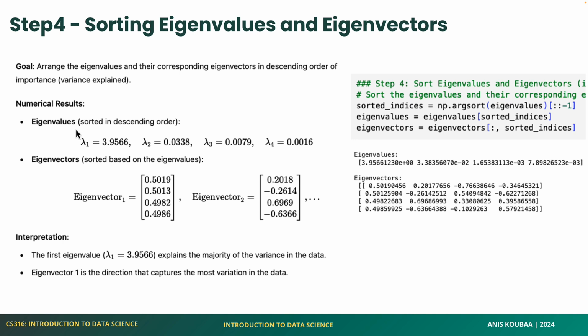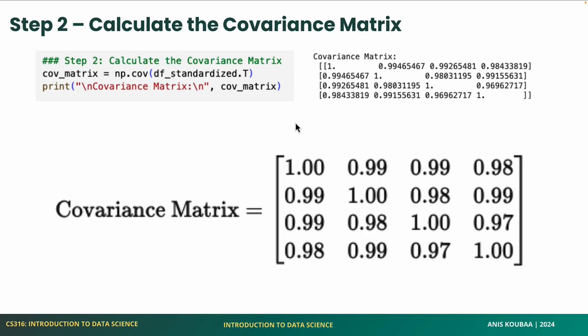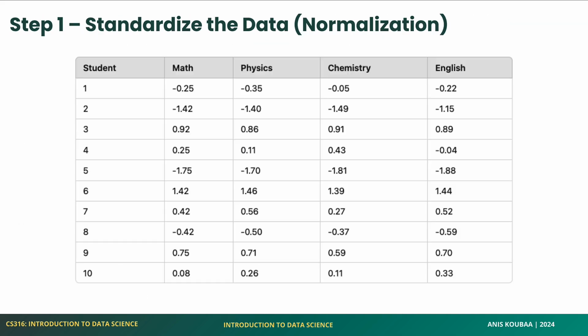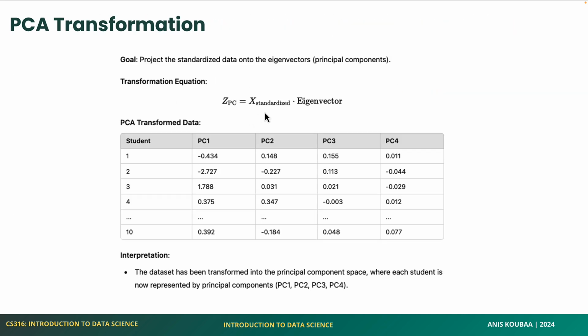What we are going to do: we have now determined our eigenvalues and our eigenvectors. And then we will take student by student. Now, instead of having a student represented by all the values, math, physics, chemistry, and English, we can make a projection by multiplying.